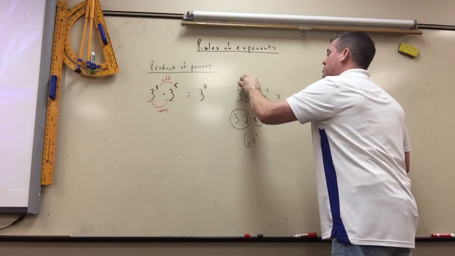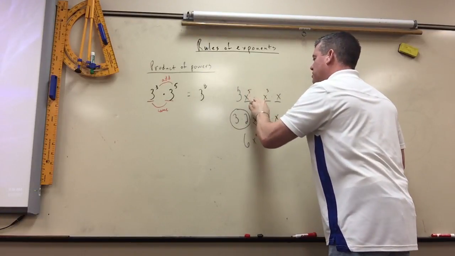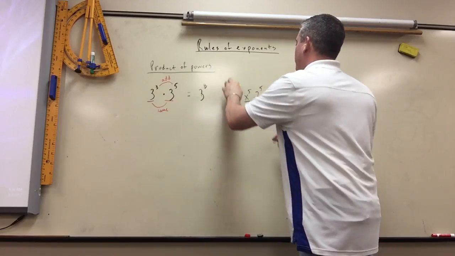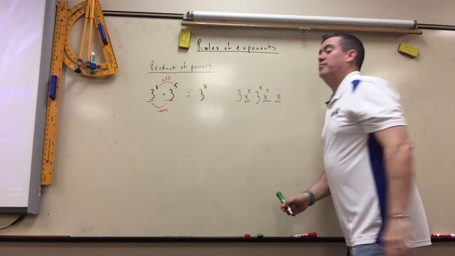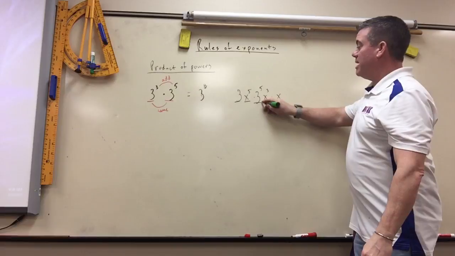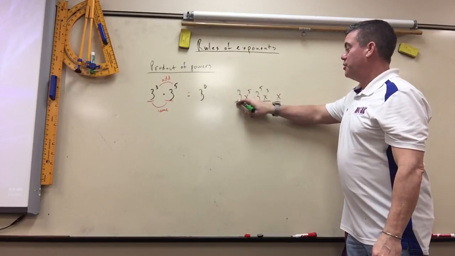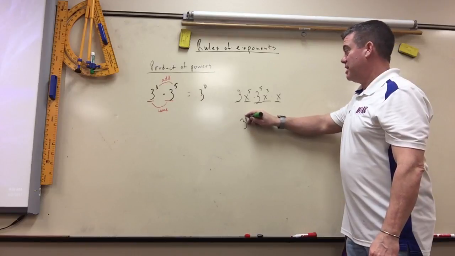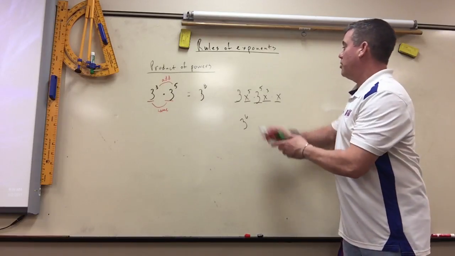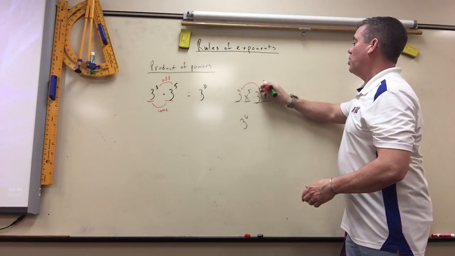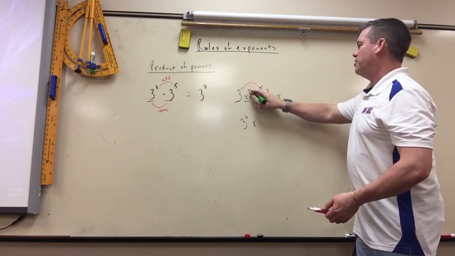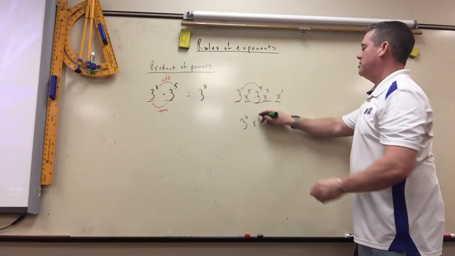If it happens, say it was like this. Now they're the same base. So 3 times 3 to the 5th is 3 to the 6th. Because remember, this counts as a 1, so 1 plus 5 is 6. And then the x's, there's still 5, 3, and 1 is 9.